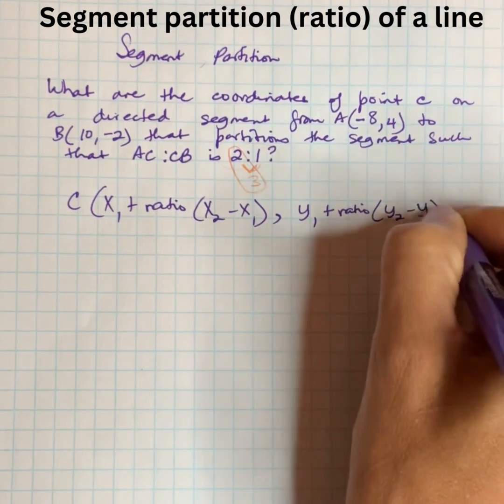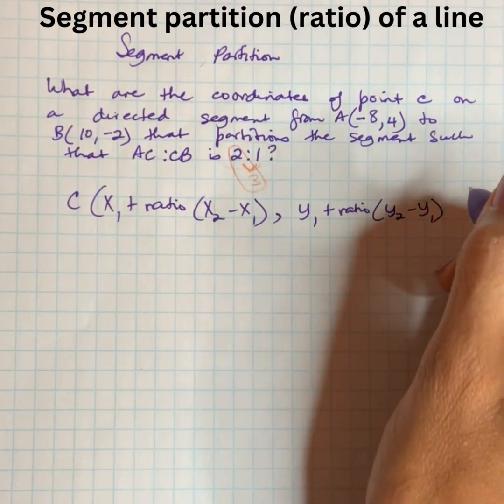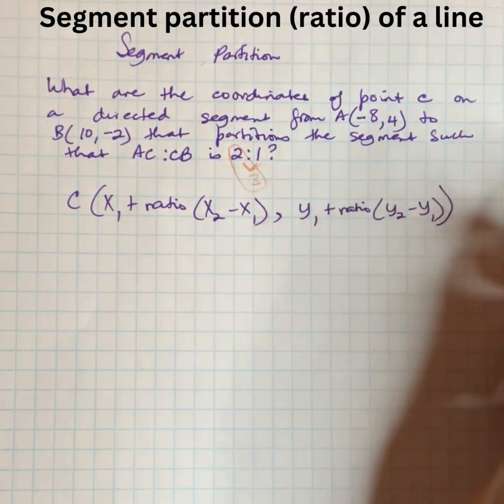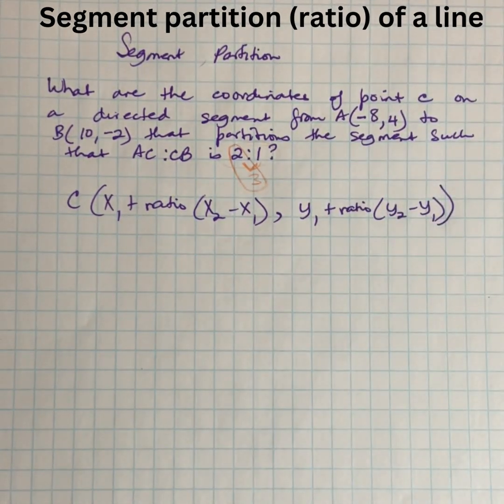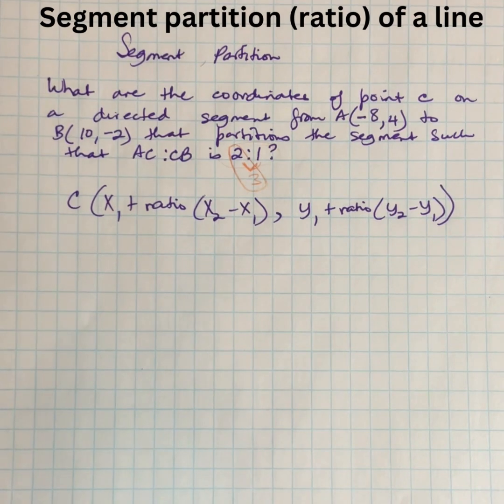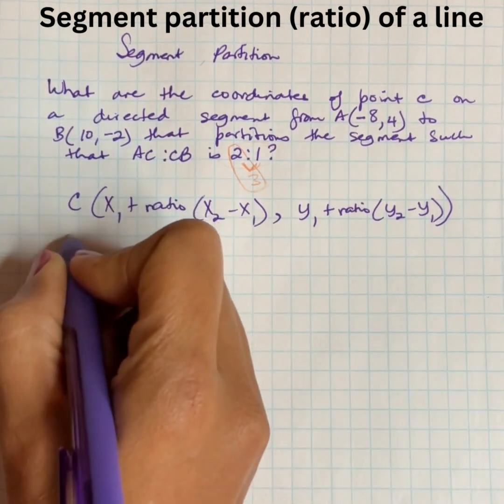I know this is a lot, but you need to know it. You have to put this to memory because you're not going to get it on a formula sheet on the exam.